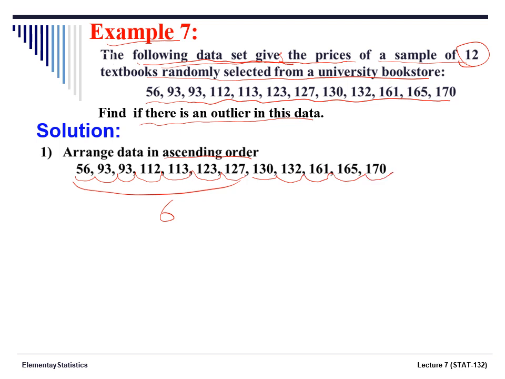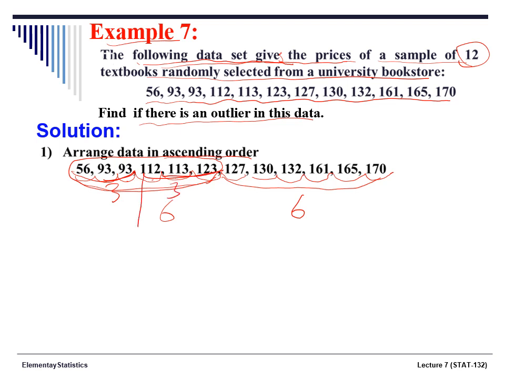Okay, I made a mistake there. 1, 2, 3, 4, 5, 6, then here are the other 6. The first half is these 6 values, and then their median is between the 3rd and 4th values.